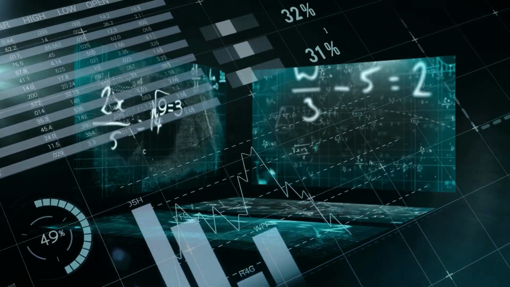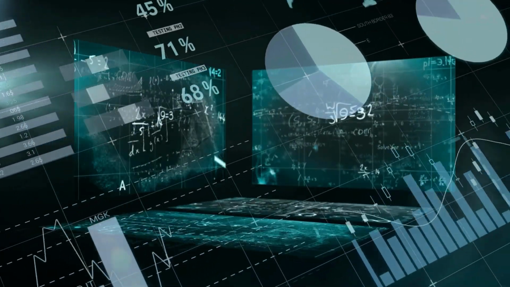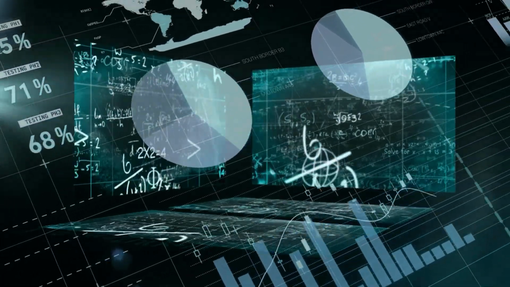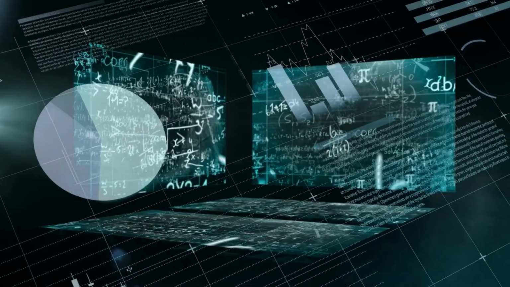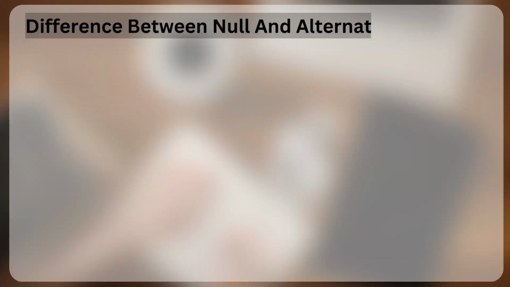So now, going in detail about hypothesis testing, it is better to understand the differences between null and alternate hypotheses in detail. We can name Salkind, who has discussed in detail the differences between null and alternate hypotheses.